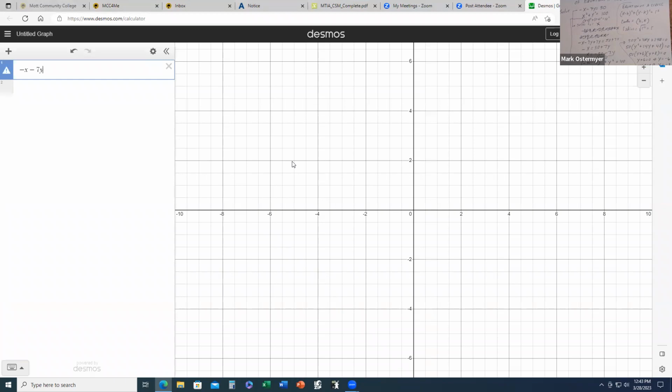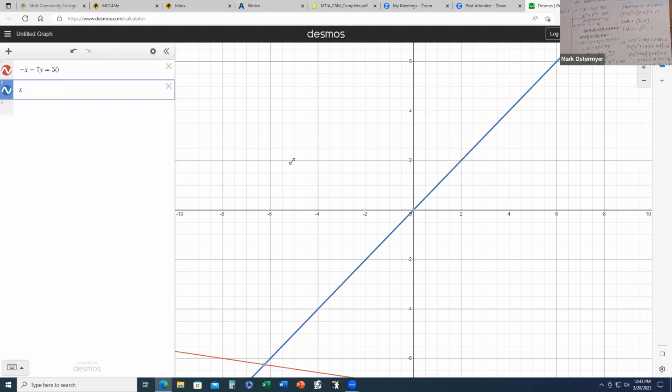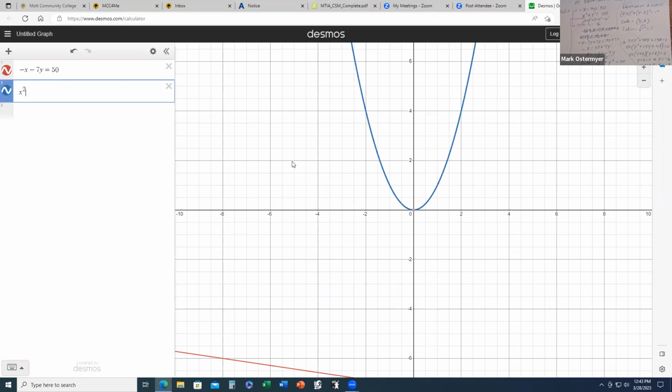You can just enter these equations in implicit form, and it'll still graph them. That's the beautiful thing about this utility. This is called Desmos graphing calculator, D-E-S-M-O-S.